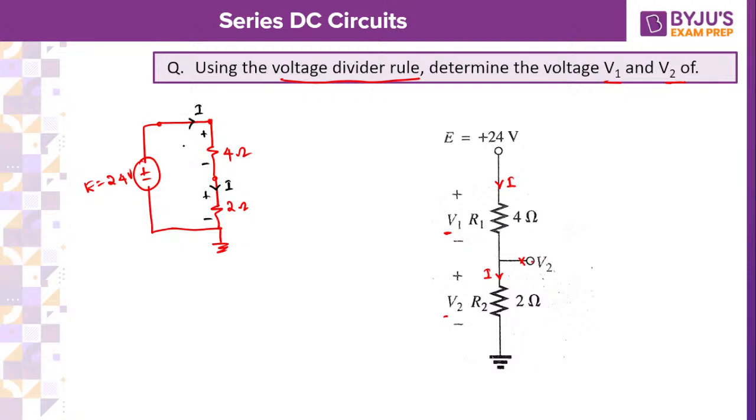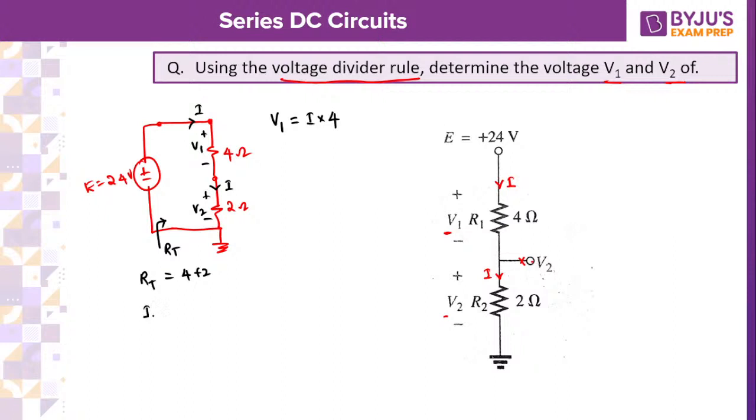Now let me make this V1, V2. If you want to calculate V1, you need to calculate I, current into 4 ohms. Current can be calculated from the total resistance, which is 4 plus 2.